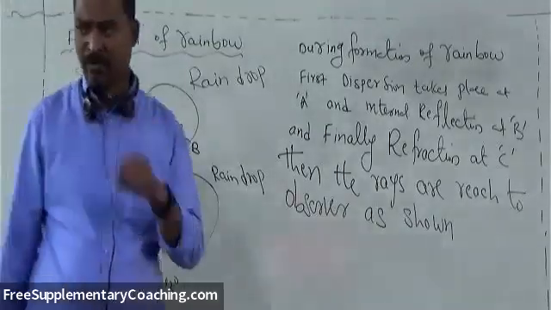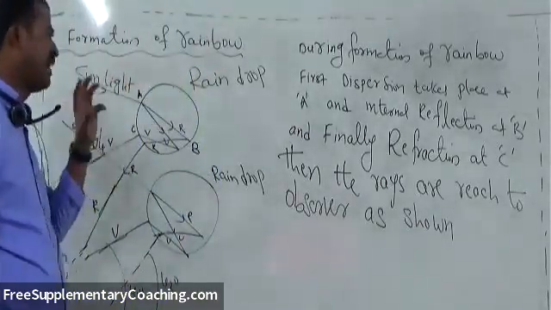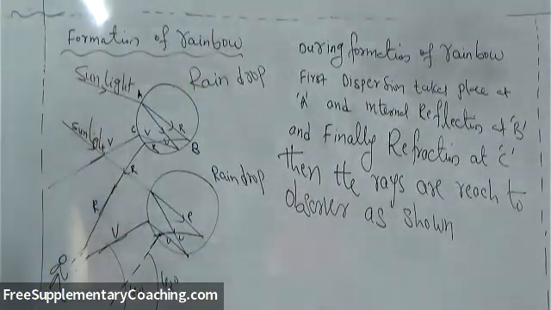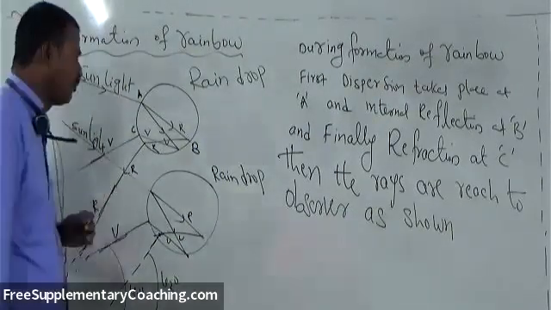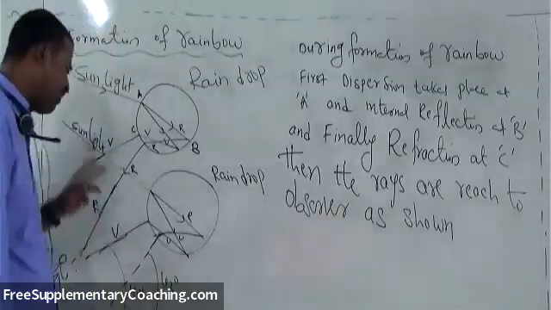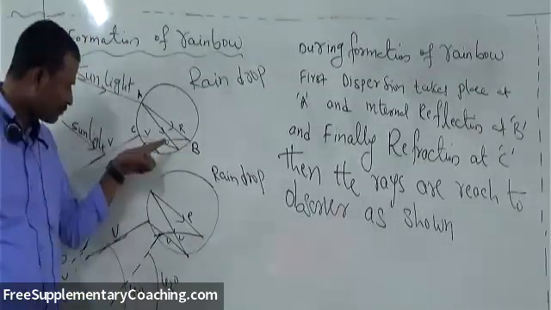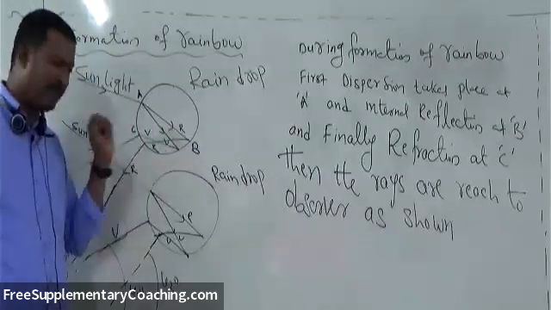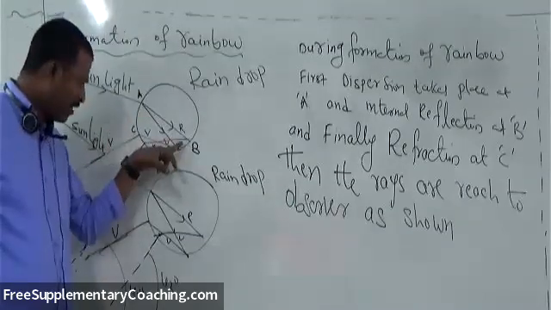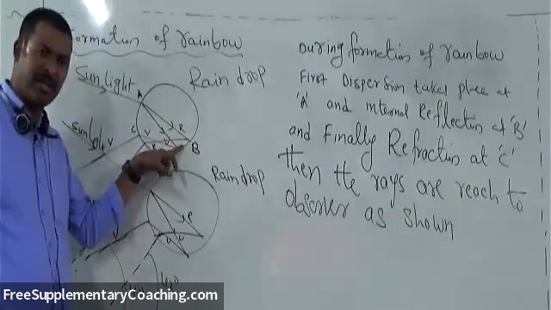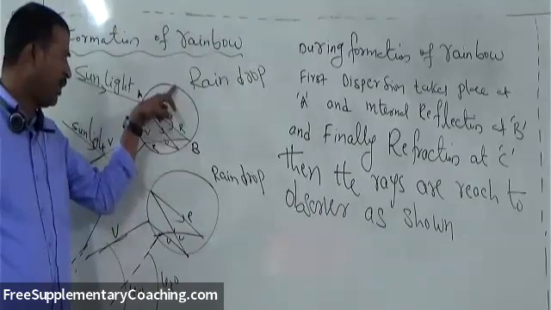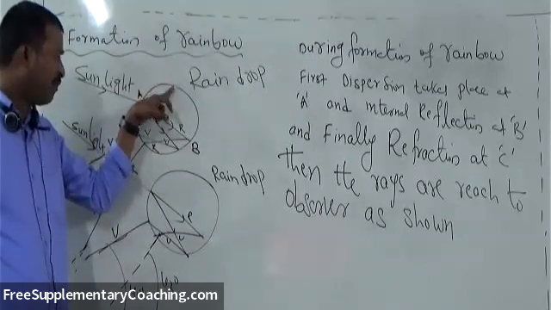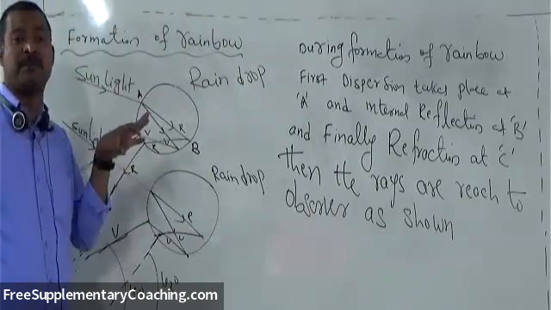Primary rainbow. There is also a secondary rainbow, in which dispersion as usual takes place. Internal reflection also takes place. But whatever we are getting from here by internal reflection, it will be internally reflected back to here, and from there again one more internal reflection takes place.